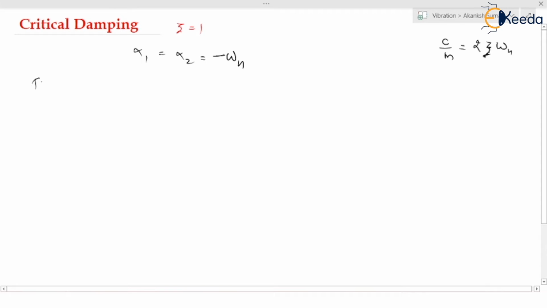So if you write the solution of these equations, I'm just writing here the solution, that would be (A plus Bt) e to the power minus omega n t. You can refer to the equations of the damped system. You can see here this is an exponential as well as algebraic function.